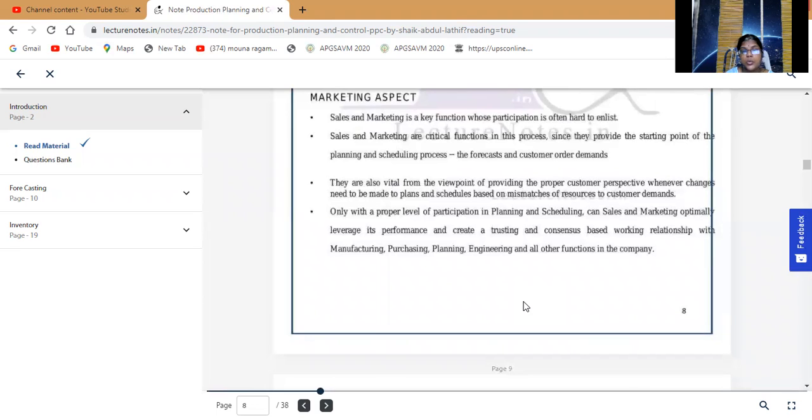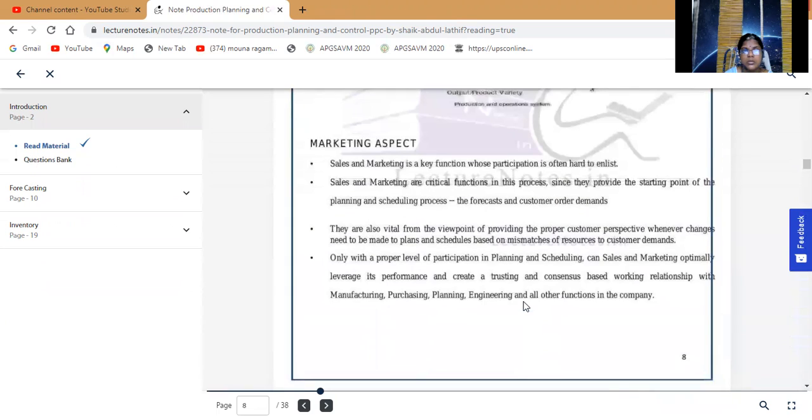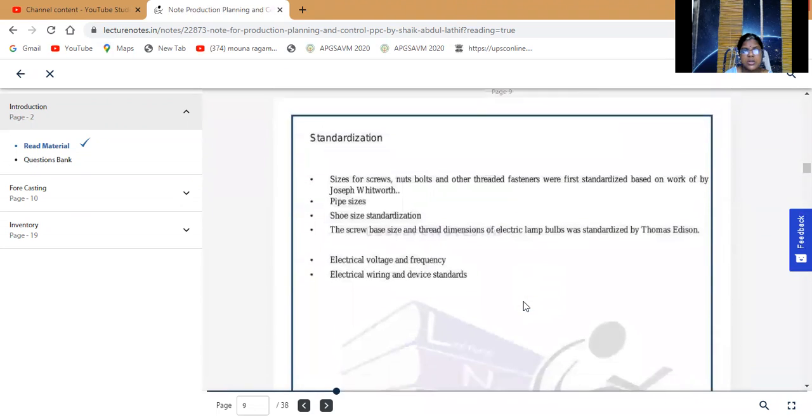Only with a proper level of participation in planning and scheduling can sales and marketing optimally leverage its performance in creating a trusting and consensus-based working relationship with manufacturing, purchasing, planning, engineering, and all other functions in the company.